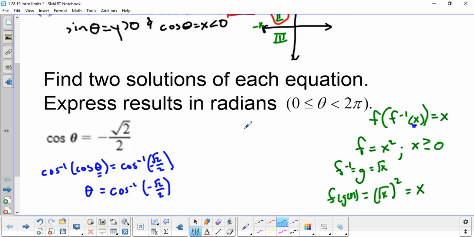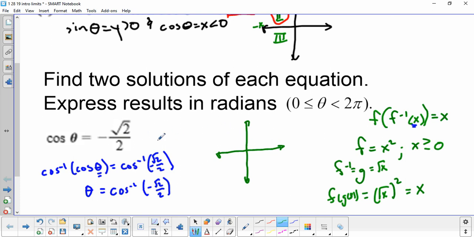And so essentially, we're looking for two different angles. One that we'll get right here, because the range of the inverse is from here to here, and that's where we get our values.